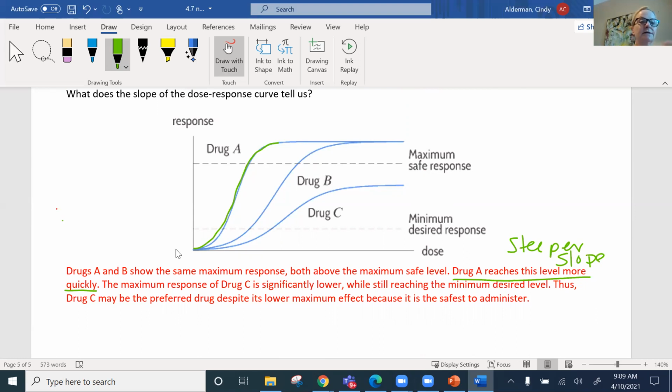So it's reached this right here, but it stays below the max. So you could say pretty confidently that drug C is the safest to administer. All right. So that's it on 4.7.